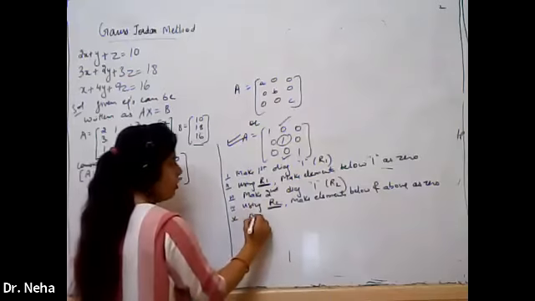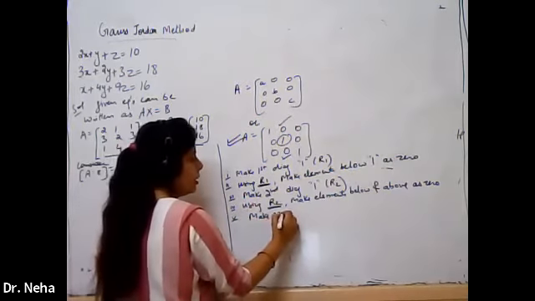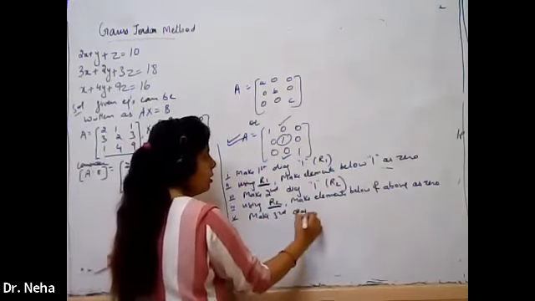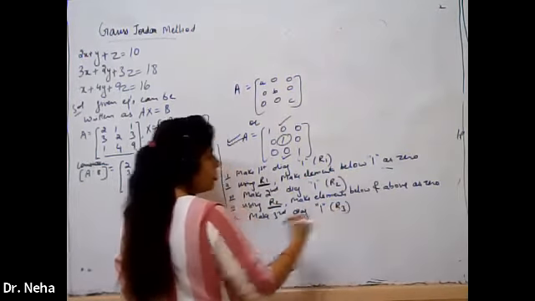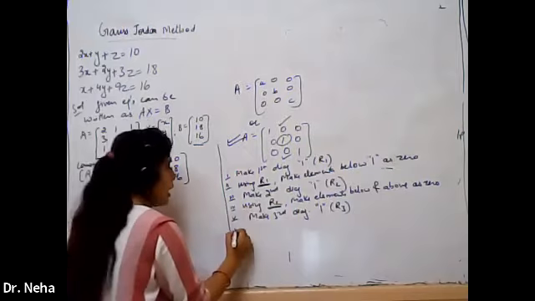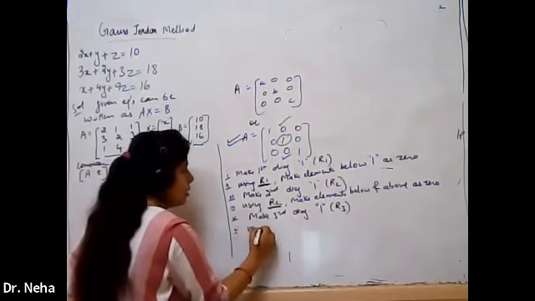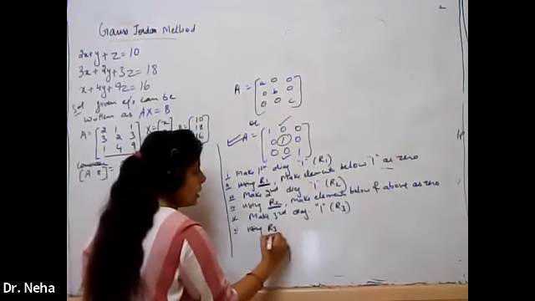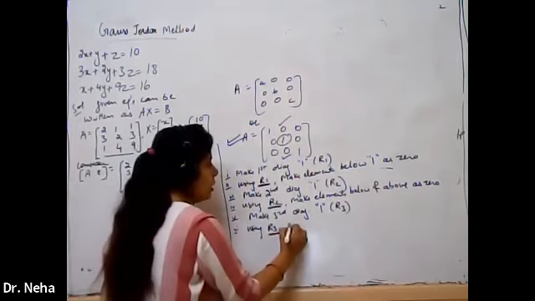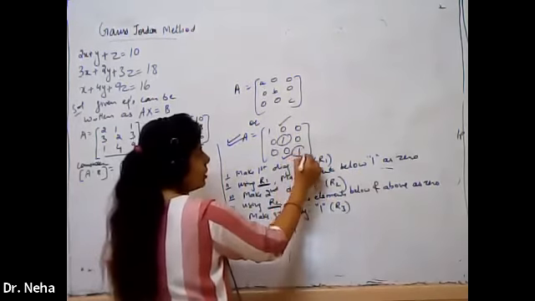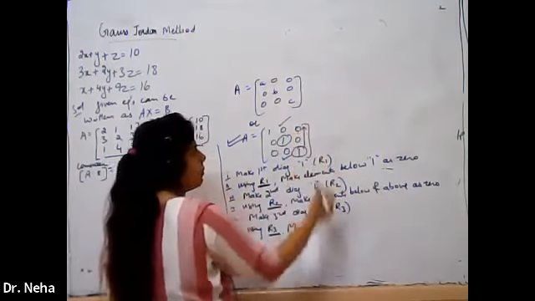Step number 5, make third diagonal 1, and the third diagonal will appear in R3, the third row. At last, using R3, now R3 appears in the third row, so that means the above elements only.